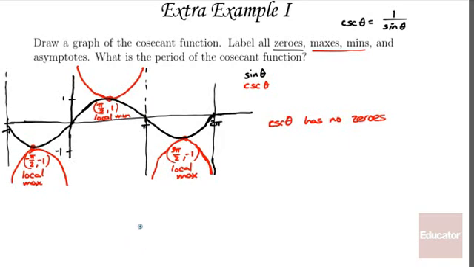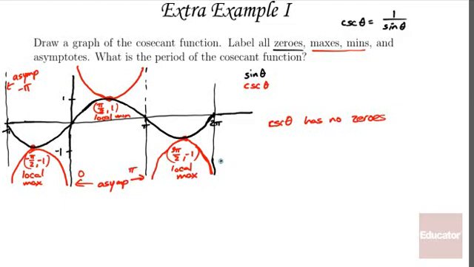The asymptotes are the places where it goes up to infinity and down to -infinity. So let me label those. There's one right there at -pi. Here's another one at 0. Another one at pi.